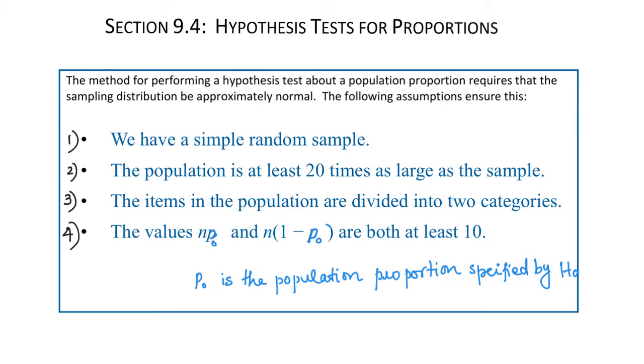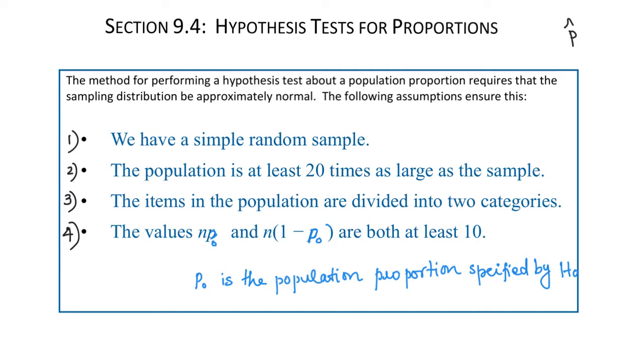We can perform a test whenever the sample proportion P hat is approximately normally distributed. This will occur when the following assumptions are met. The assumptions are: we have a simple random sample. The population is at least 20 times as large as the sample. The items in the population are divided into two categories.